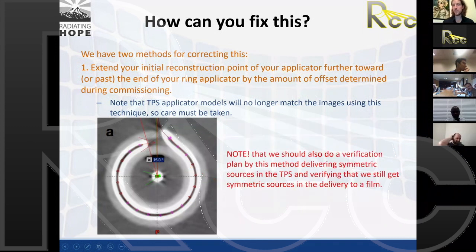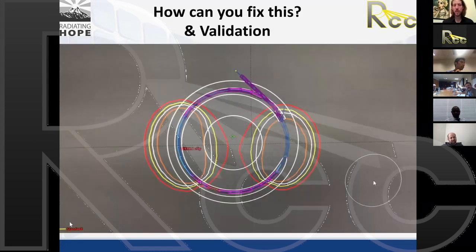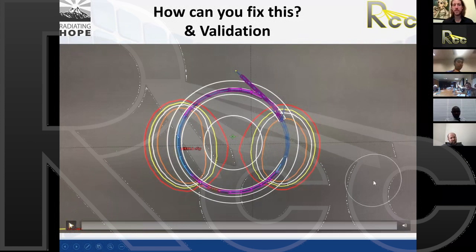So that's one method of doing it. And again, I'll just say again, we should also do a verification plan by this method, delivering symmetric sources in the TPS and verifying that we still get symmetric sources in the delivery to a film. Okay, I'm going to show you a quick video that explains both methods.